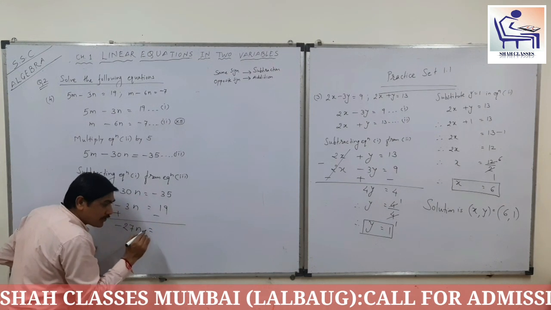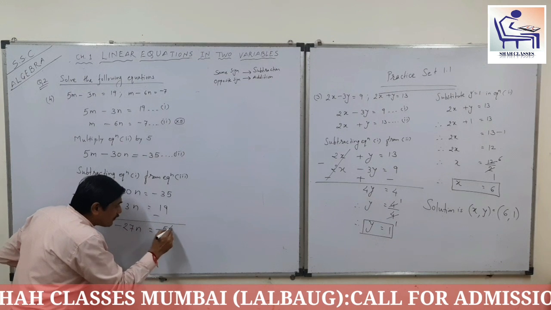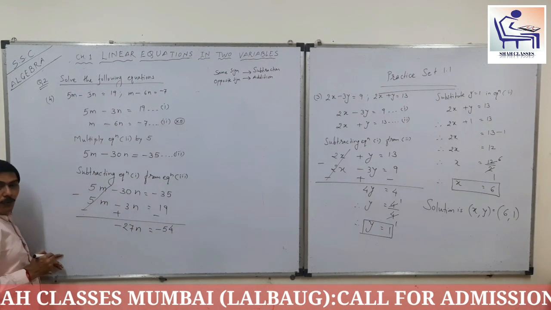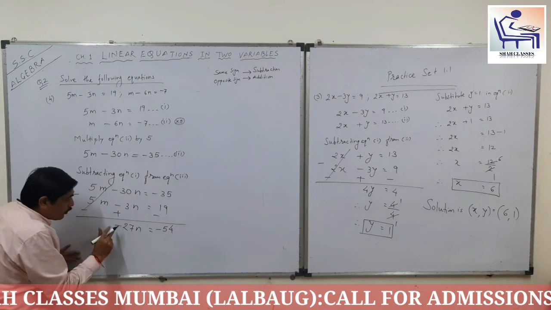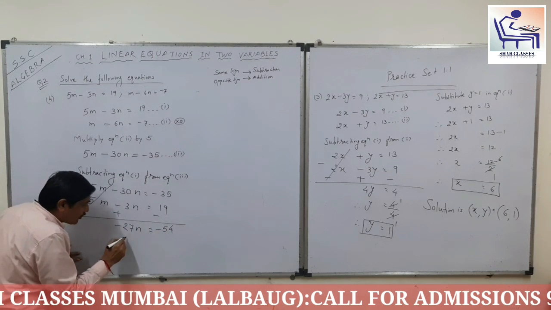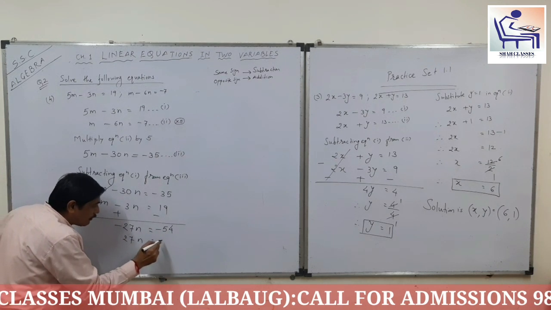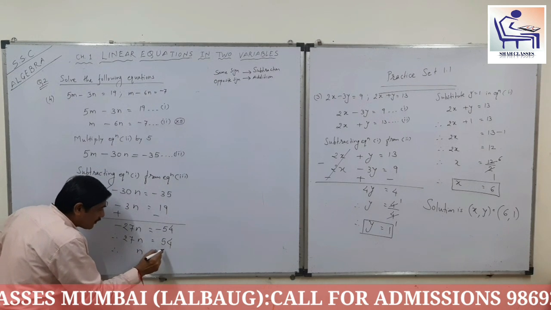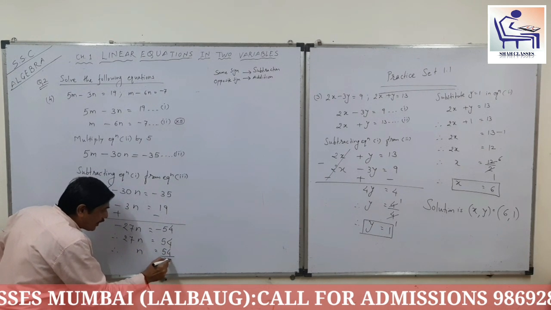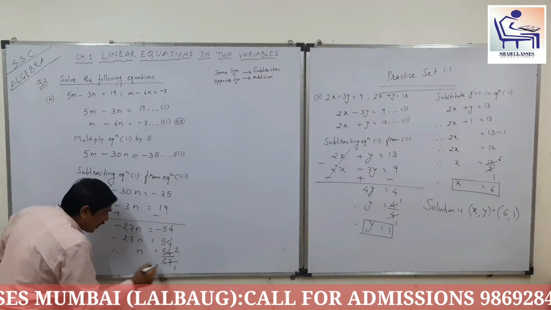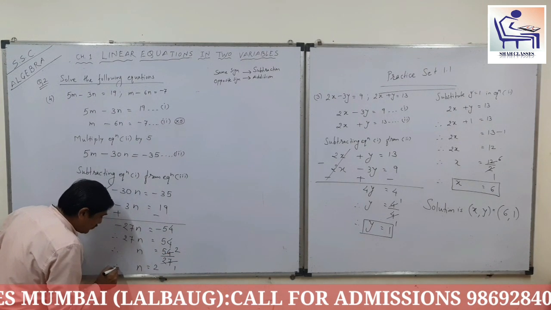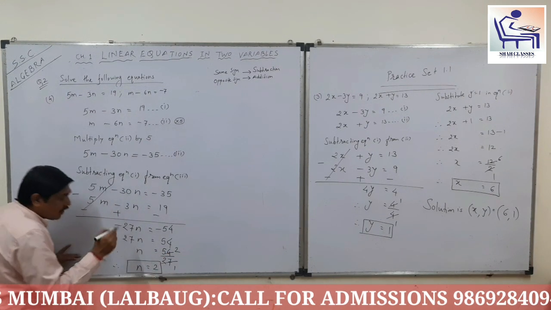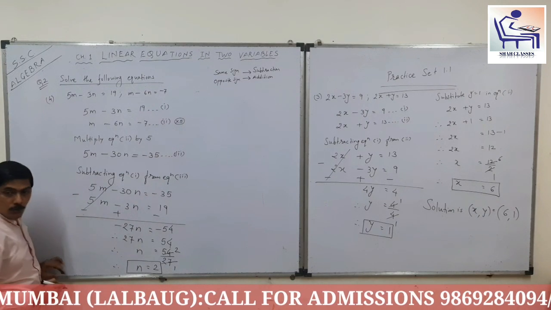But minus, put the sign of the greater number. So we will get minus 54. And now both are negative, so it becomes positive. So in the next step, we'll make them positive. And now 54 divided by 27, so n is equal to 2. We got the value of n as 2.